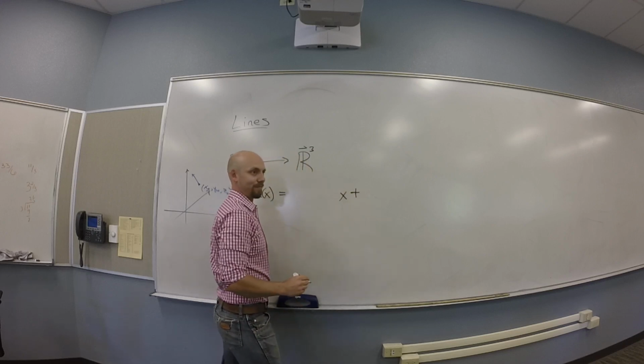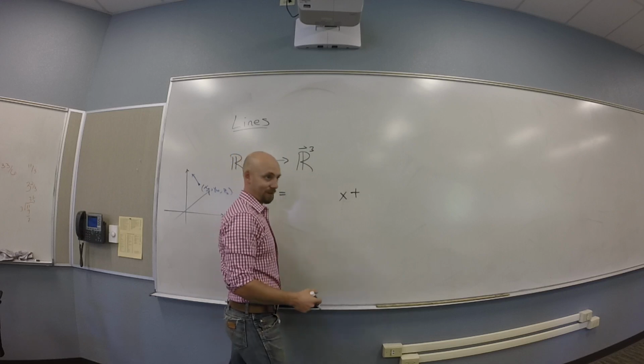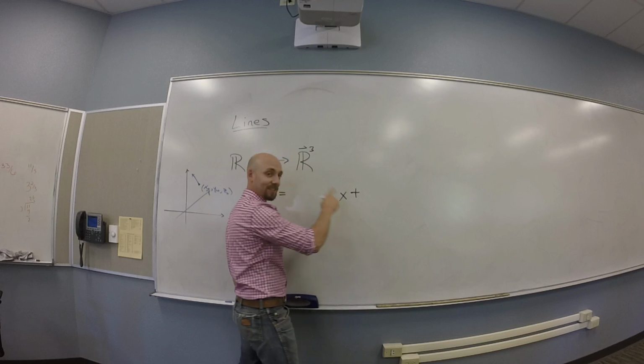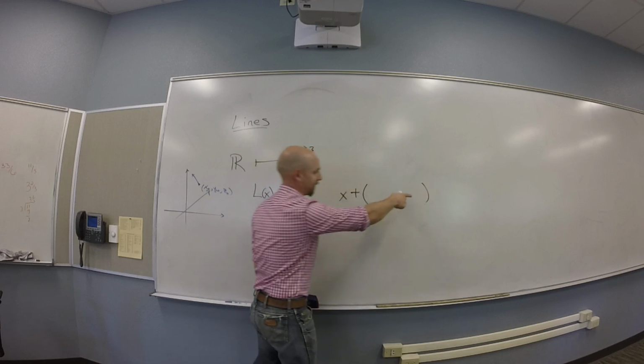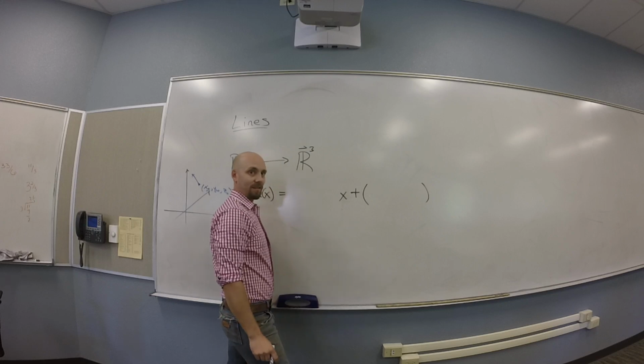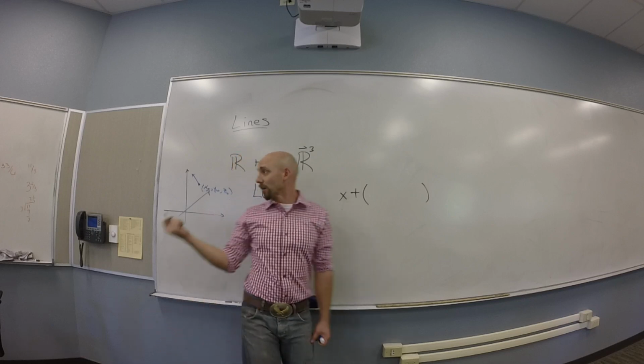I probably shouldn't use x here. I'm going to use x here, but it's going to be confusing. That x is not the other x. What's this stuff? Starting position. Yeah, that should be the spot you start, right? Where are you starting?